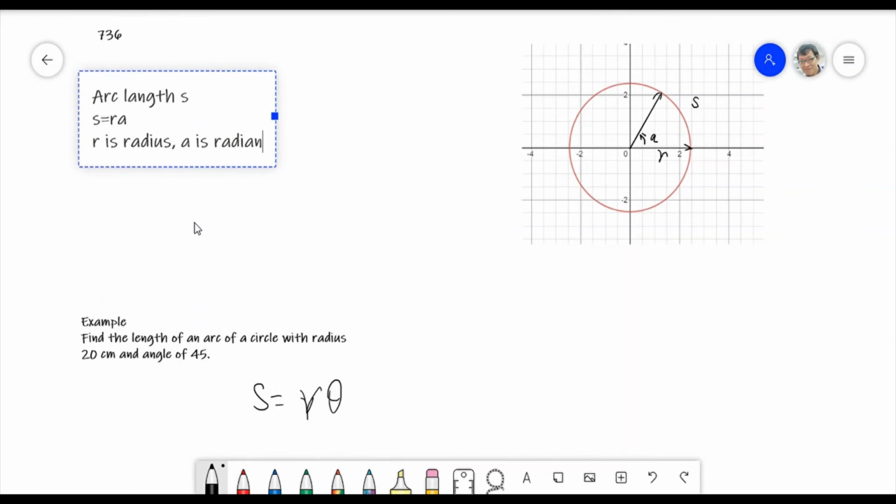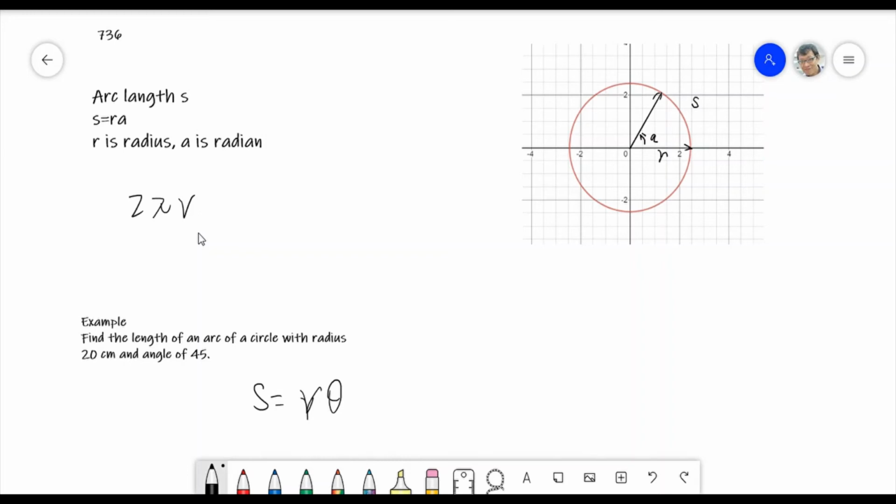So how do we come to this? Just think about it. The whole circle, the length is 2 pi r, am I right? 2 pi r. So 2 pi is the radian, right?